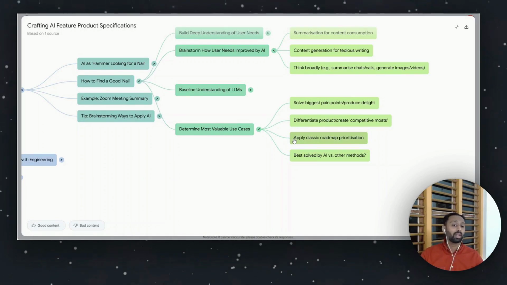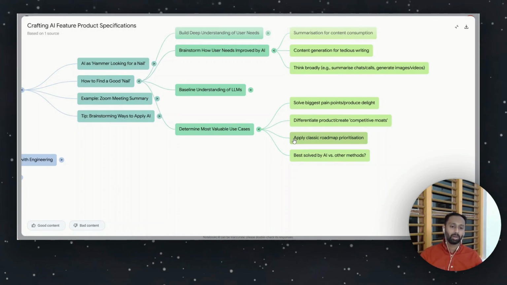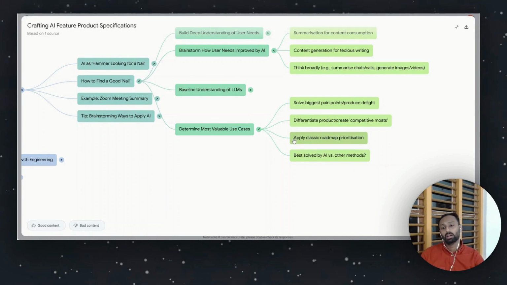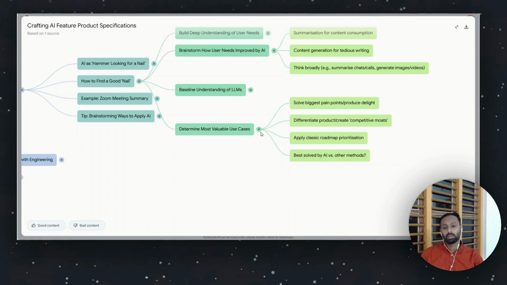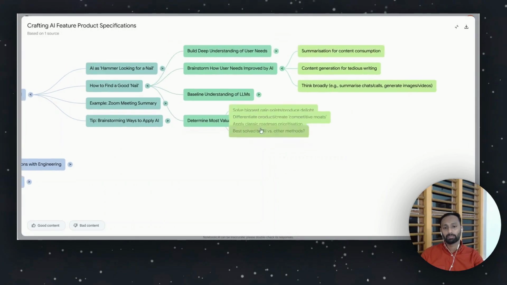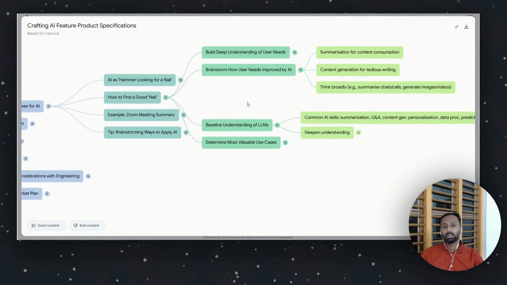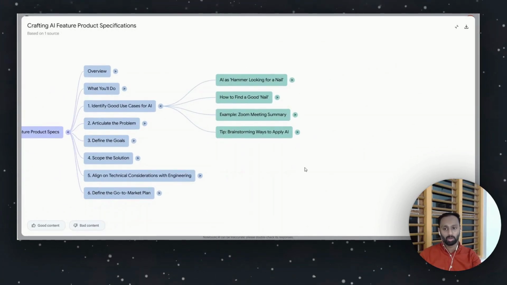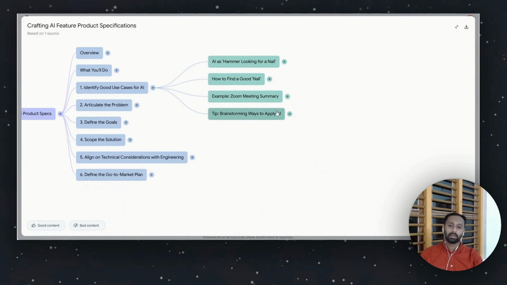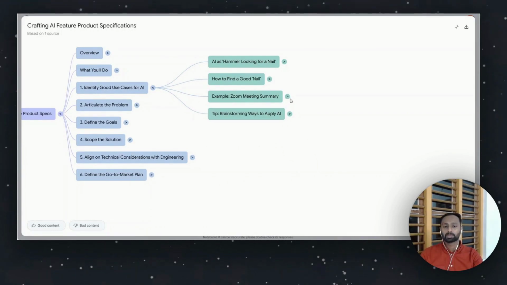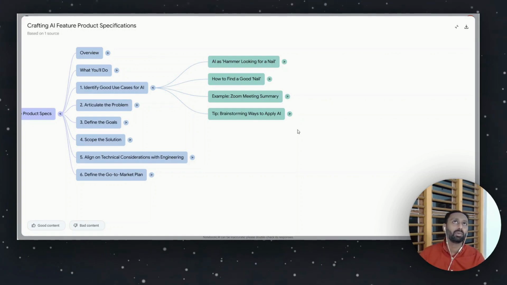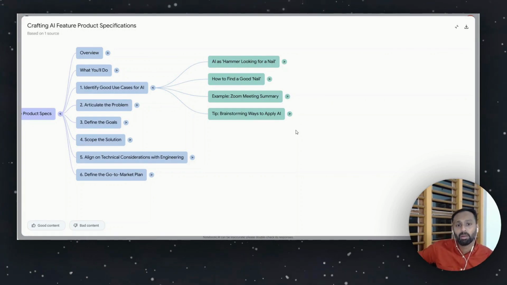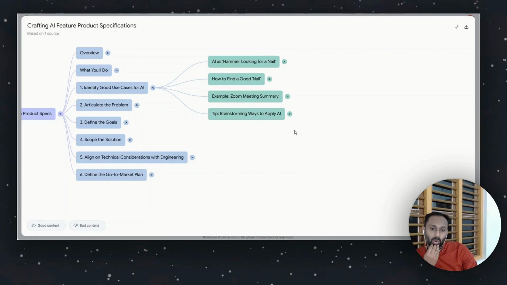And obviously use techniques like roadmap prioritization in order to come up with the best use cases for solving with AI, right? So basically, the things that we spoke about now are how you find good problems to solve with AI.